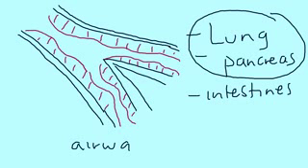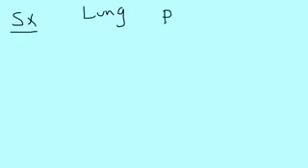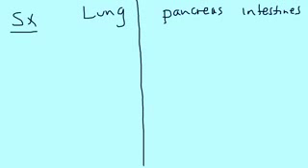Okay, so let's get into that. Let's get into the symptoms. Well, when you talk about symptoms, it's probably best to break this up into lung, pancreas, and intestines. Otherwise, it'll be too confusing. All right. So let's do that.